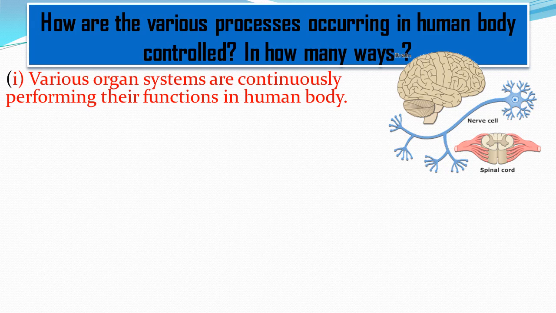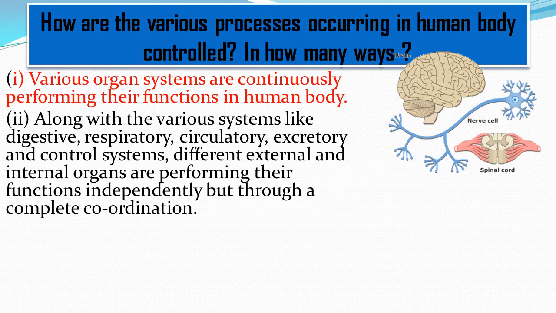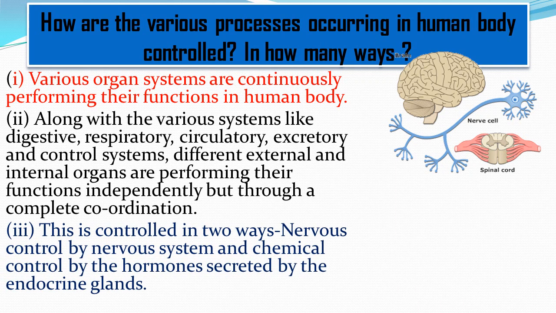Various organ systems are continuously performing their functioning in our body, along with the digestive, respiratory, circulatory, excretory, and control systems. Different external and internal organs perform their function independently but through complete coordination. That means the various life processes in our body should be performed by complete coordination. And this is controlled in two ways.